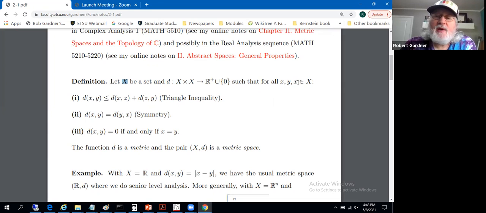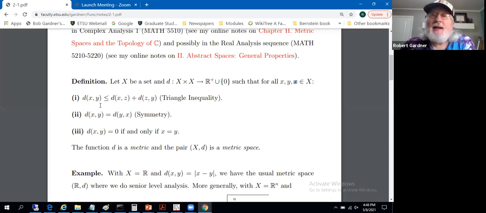For all x, y, and z, points in set X (a little typo there), we require the triangle inequality. The distance from x to y is less than or equal to the distance from x to z plus the distance from z to y. In some very crude sense, the shortest distance is directly between x and y.